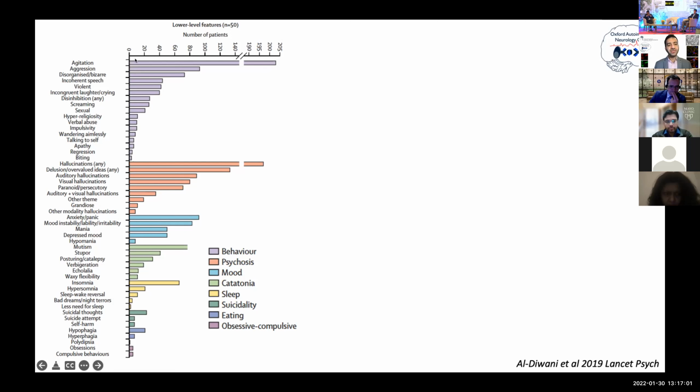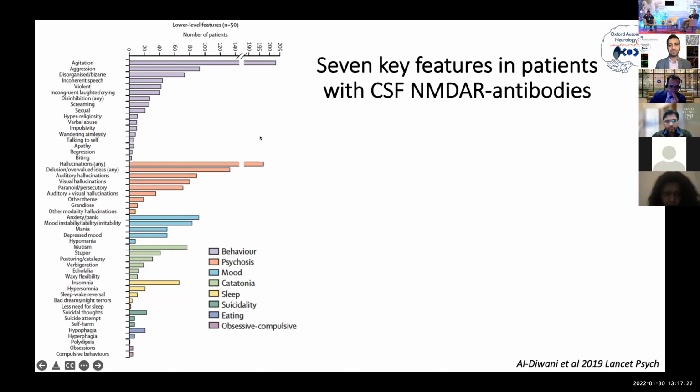And if you categorize them as the colors show here into conventional categories, you will see that the patients had problems across behavior, psychotic features, mood features, catatonic features, sleep features, and so on. They cross-cut traditional psychiatric boundaries.